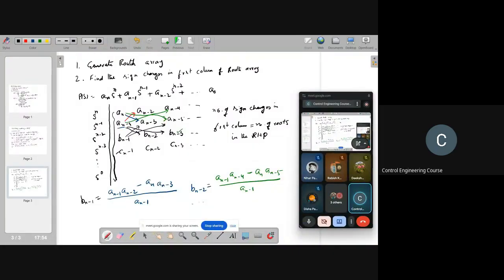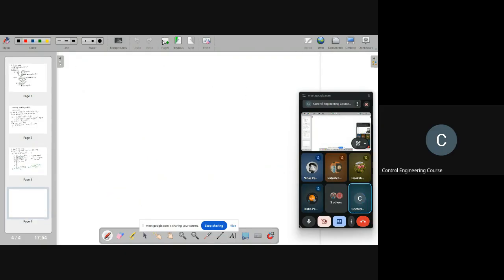Let's take one simple example. It is given that the characteristic equation P of s is equal to 2s power 4 plus 10s cube plus 5s square plus 5s plus 2 equal to 0.